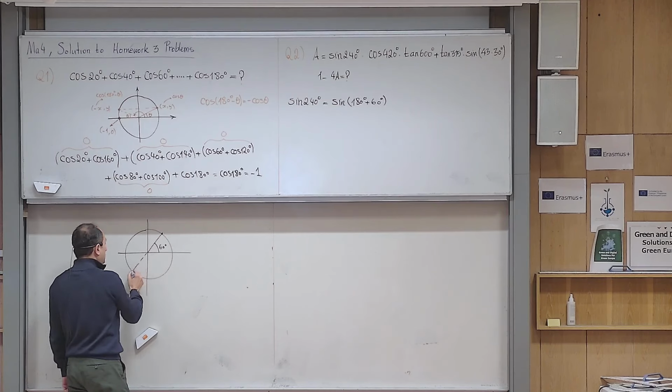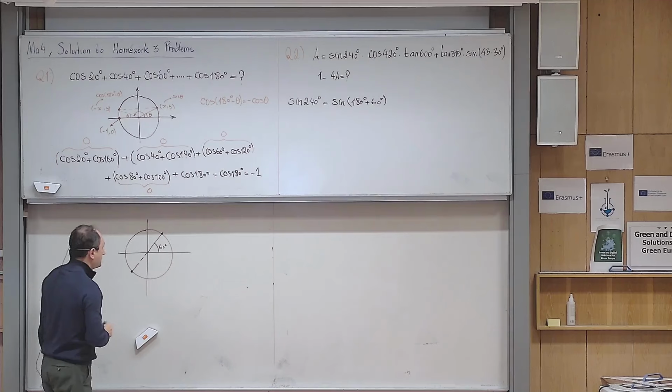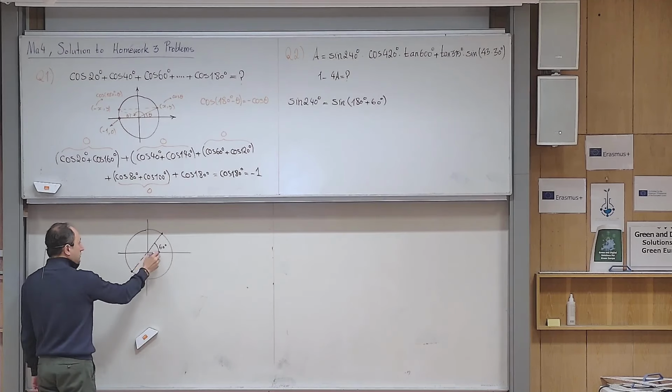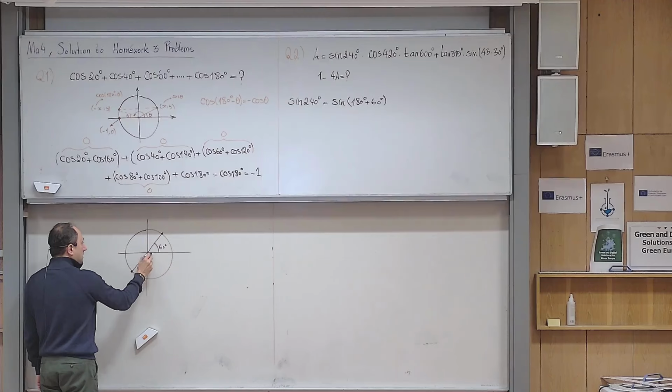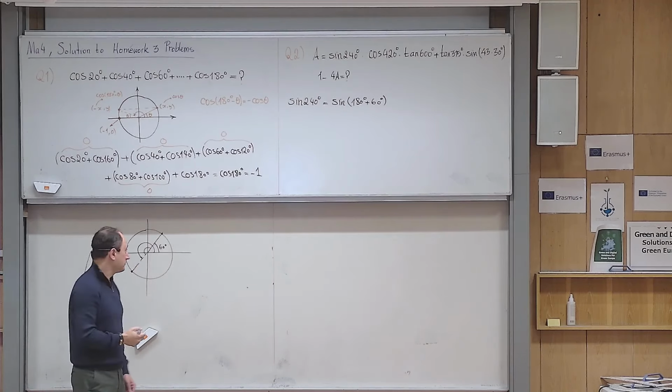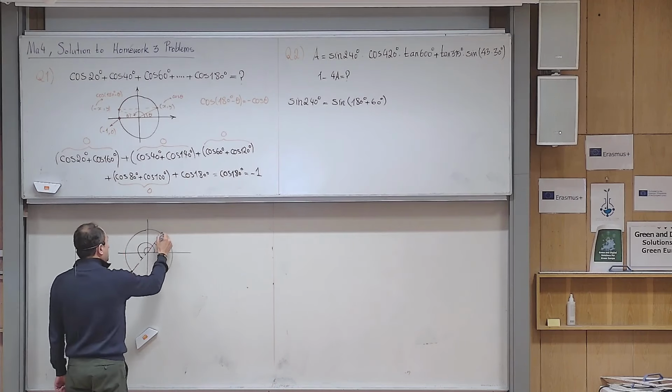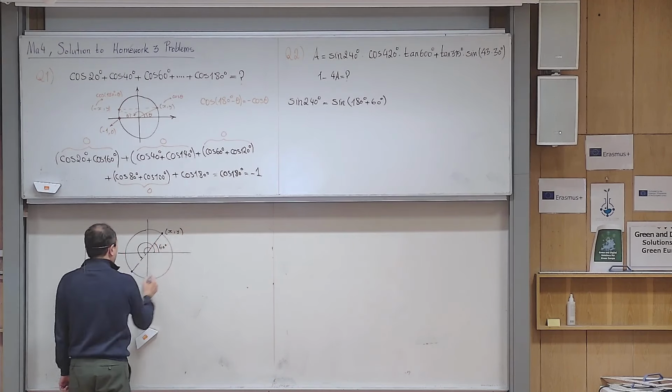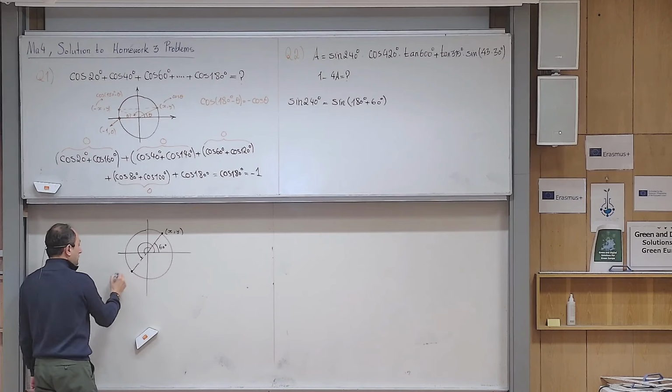And I will end up at the exact opposite point, okay? So if this is 60, and then this is 180, from here to here becomes 240. 180 plus 60. And then if the coordinates of the point are x and y, the coordinates of this point are minus x and minus y.